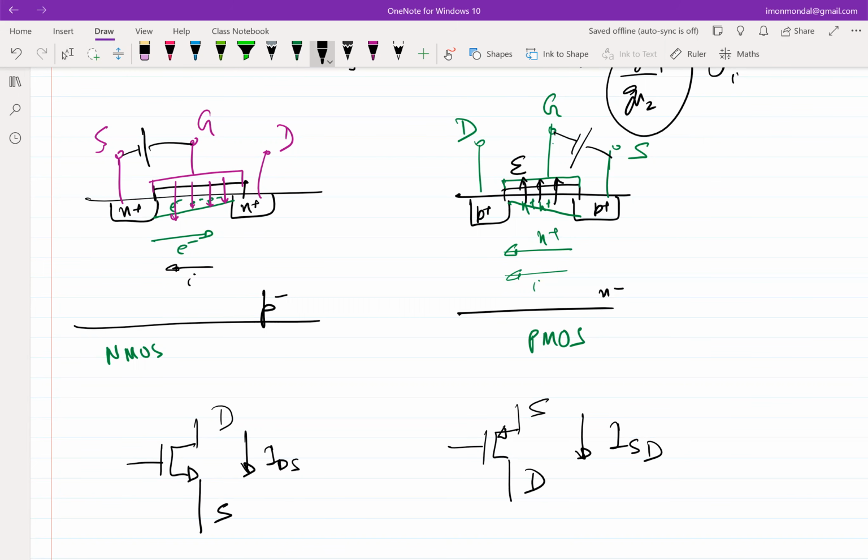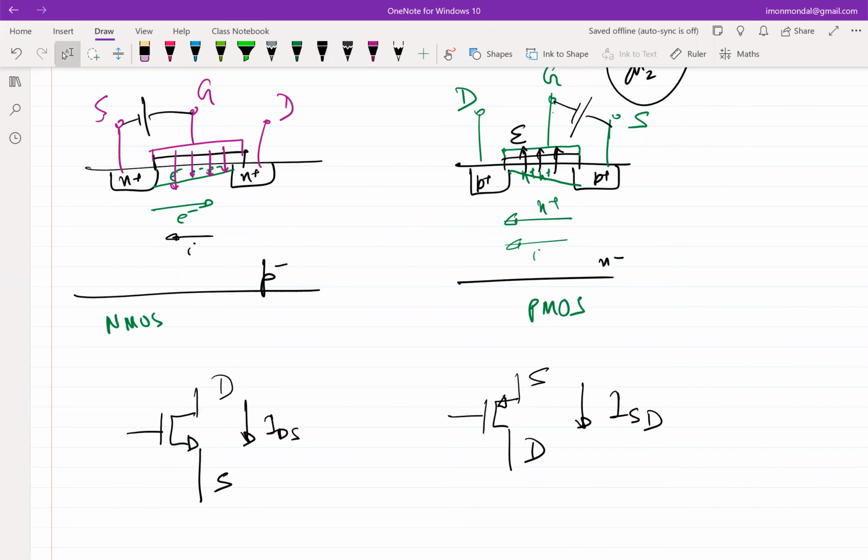In an NMOS, in order to turn the transistor on, you had to apply a positive voltage between the gate and the source, right? VGS should have been greater than the threshold voltage, or in other words, the threshold voltage plus some overdrive, some additional voltage, in order to ensure that there were charges in the channel.